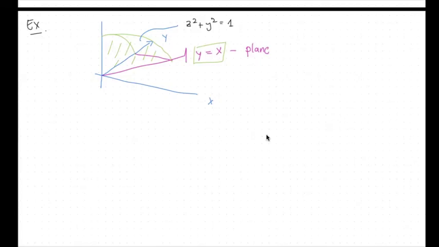And this is also bounded by the plane, the zy plane, x equal to 0. This is the YZ plane, or depending on your naming, ZY or YZ plane.